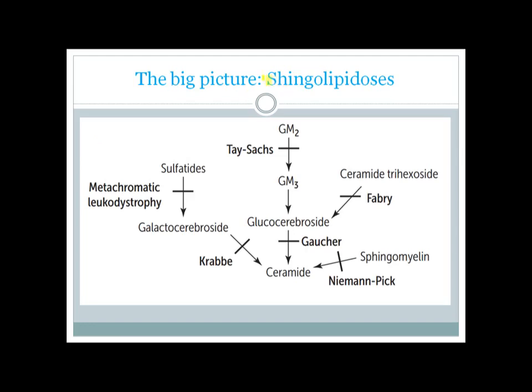So the big picture of sphingolipidosis is shown here, and I will not go into details. I would just like to give you some clues on how to remember those pathways.